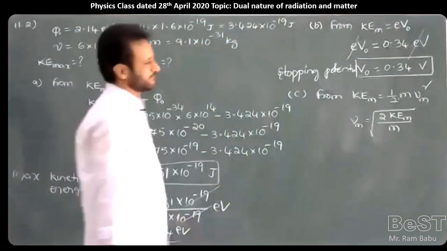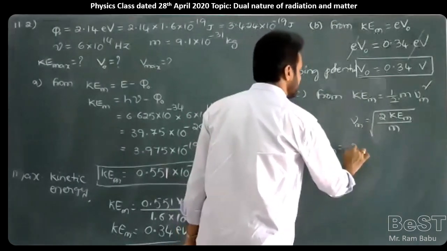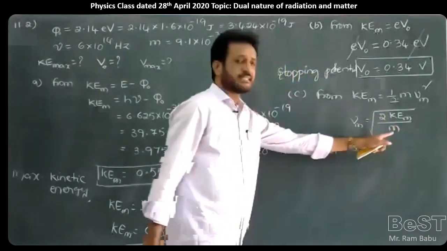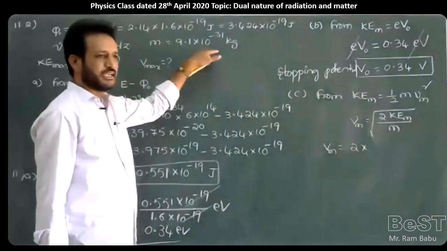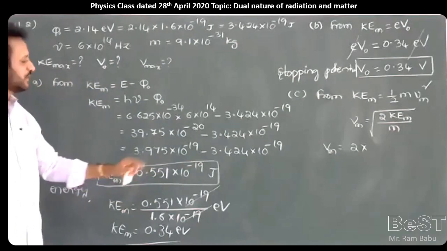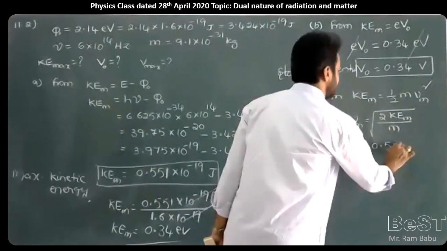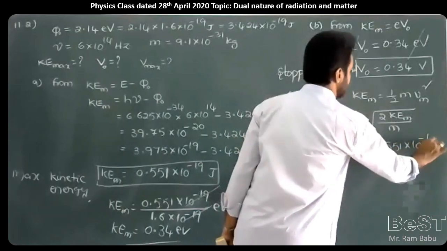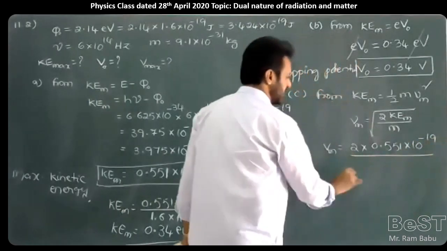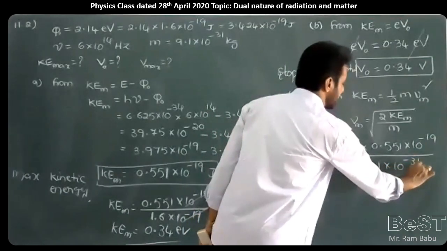I'll substitute here. v maximum is equal to the square root of 2 into KE, where the mass of the electron is in kg, the SI unit. That's why kinetic energy also we should write in the SI system only: 0.551 into 10 to the power of minus 19 divided by the mass of the electron, 9.1 into 10 to the power of minus 31.